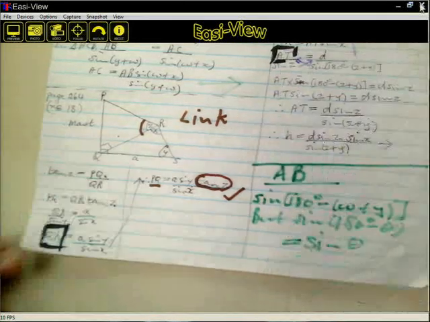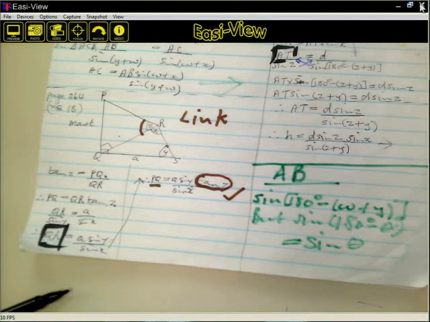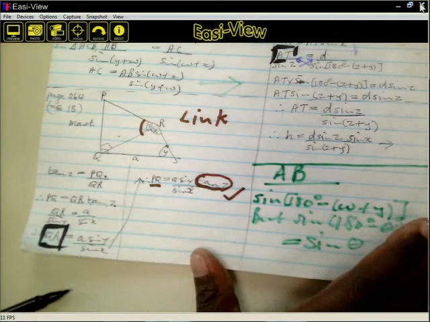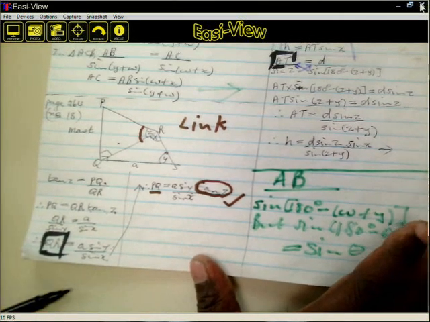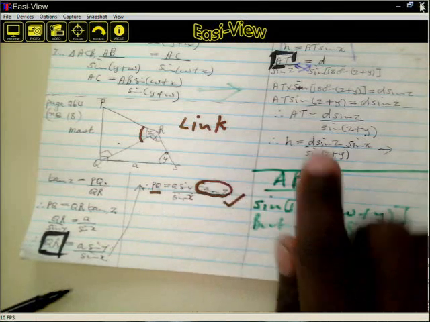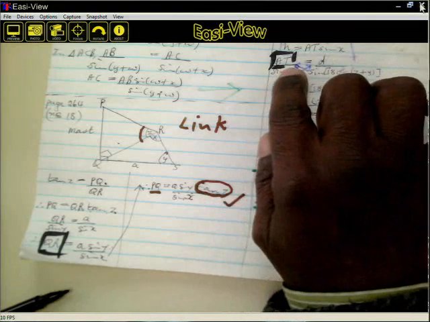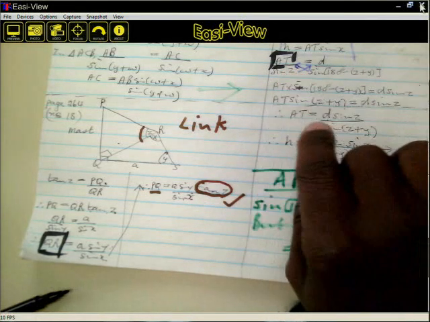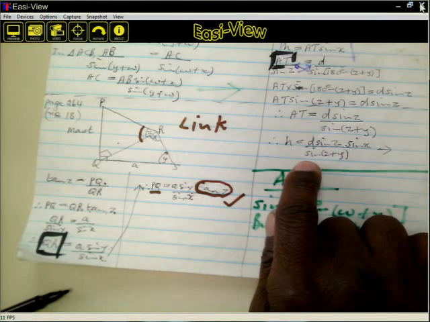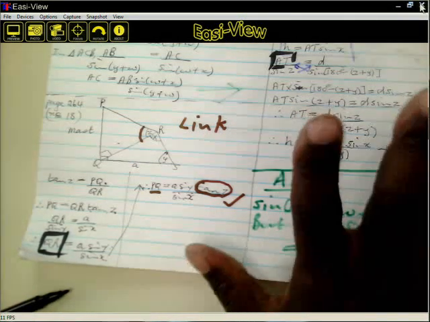You will notice that they came into the picture somehow, and we had to eliminate them. Why? Because if you look here, they are not part of what we are looking for. Similarly, AT came into the picture here, but we had to eliminate it because it is not part of what we are looking for. How did we manage that?